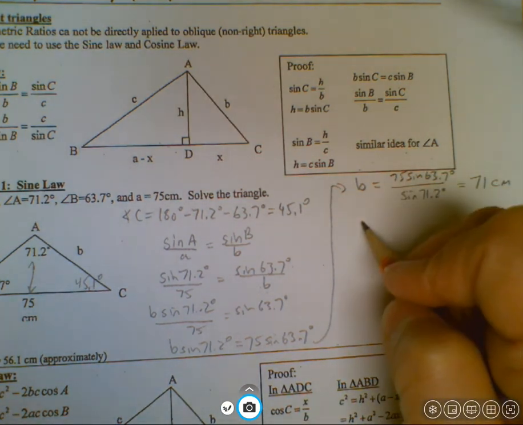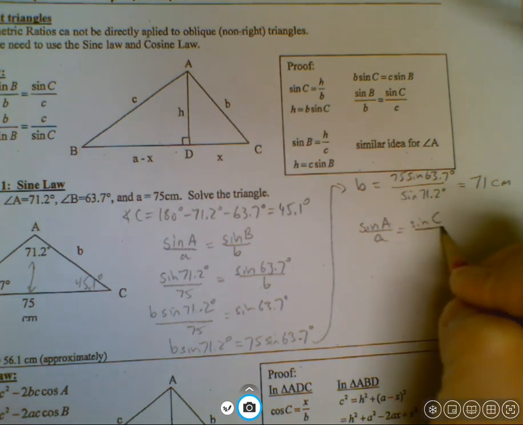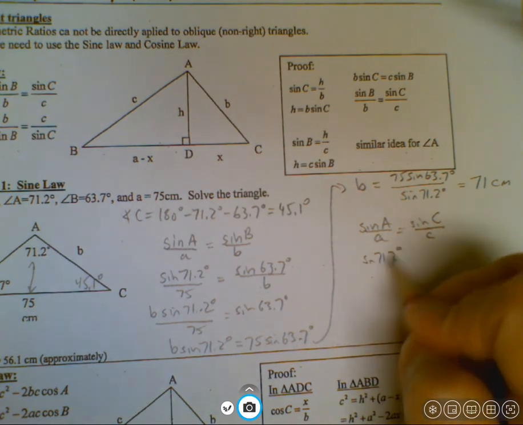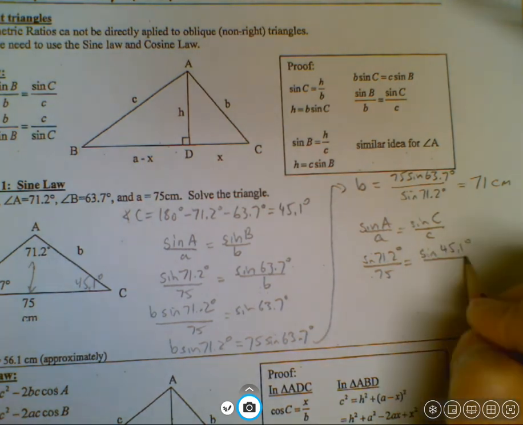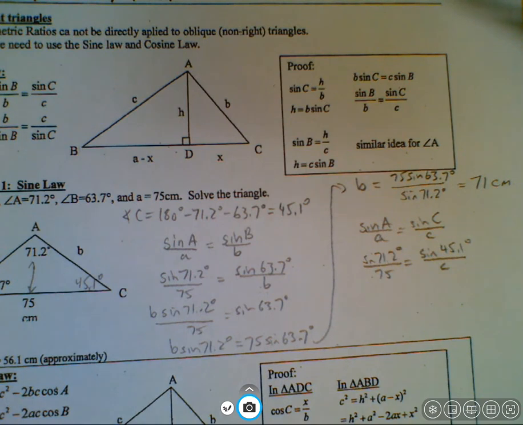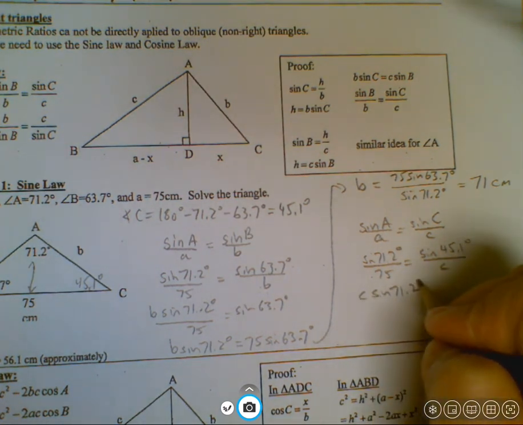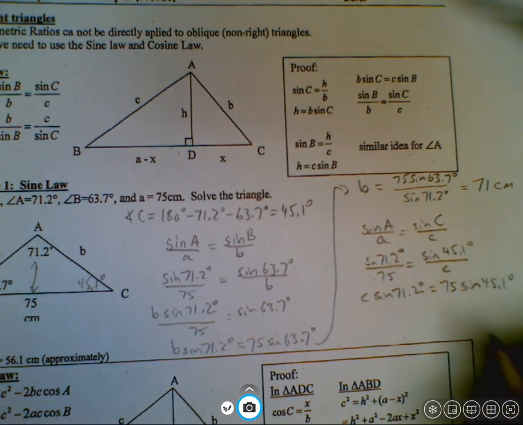So for finding angle C, I'll use the cross multiply. I'll skip that step. So I'll go sine A over a equals sine C over c. And so sine 71.2 degrees over 75 equals sine 45.1, that was the one we found, over little c. Cross multiply: c sine 71.2 degrees equals 75 sine 45.1 degrees.